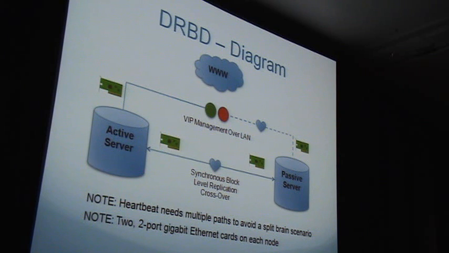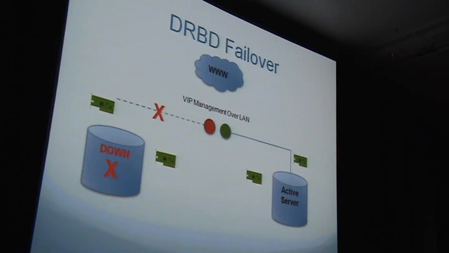Heartbeat needs multiple paths, that's why you see the heart on both the crossover link and the LAN link, to avoid a split brain scenario. And then please note also the two-port gigabit Ethernet cards, just for redundancy and eliminating a single point of failure on the network side.